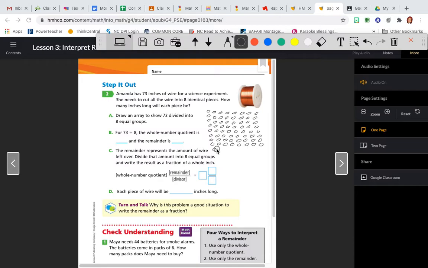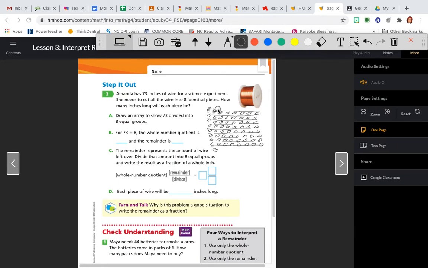So let's look at B. For 73 divided by 8, the whole number quotient, the whole number answer is, let's see how many rows we made. 1, 2, 3, 4, 5, 6, 7, 8. Oh, I think I might have missed one. I did. Got to add 1 more.